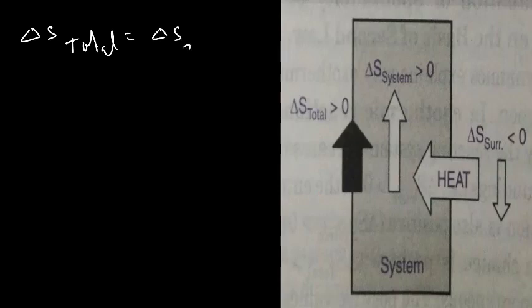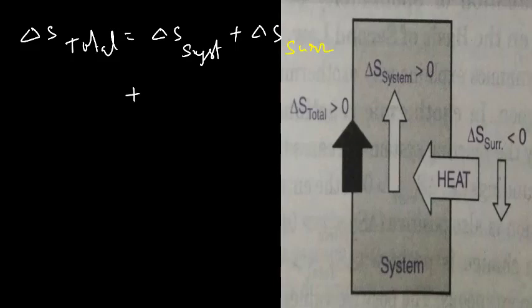So this we can understand by using a diagram. Here the system takes heat from the surroundings. As the system takes energy from the surroundings, delta S system increases. Since the surroundings lose energy, its entropy decreases. Therefore delta S total is equal to delta S system plus delta S surroundings.